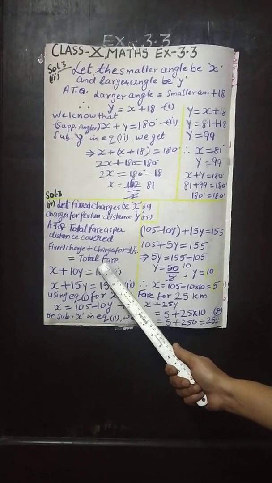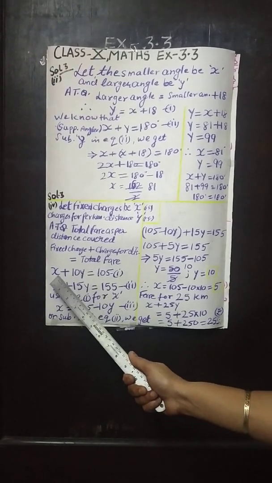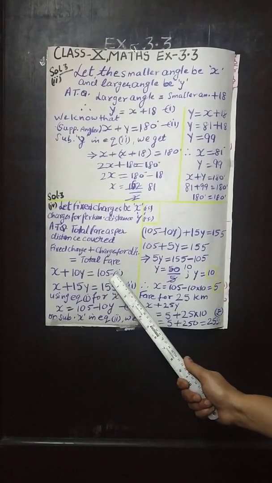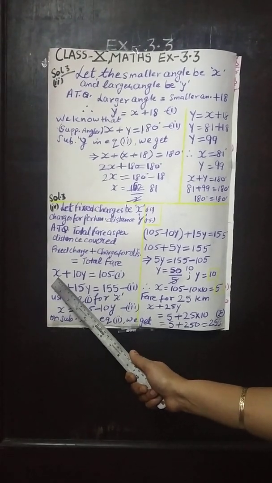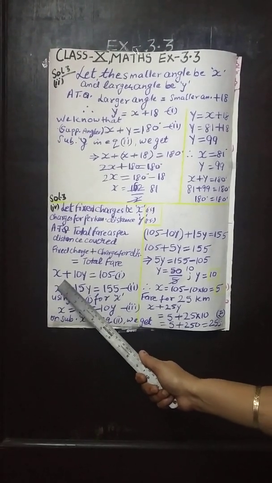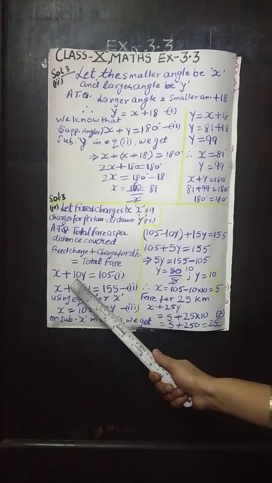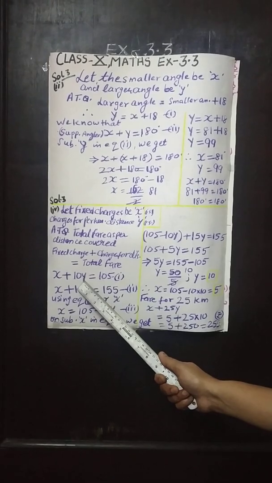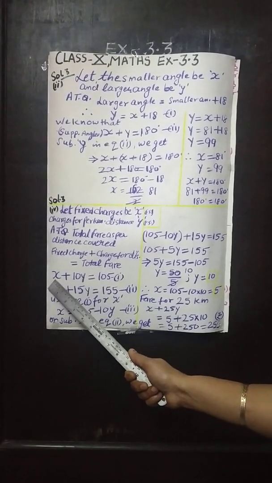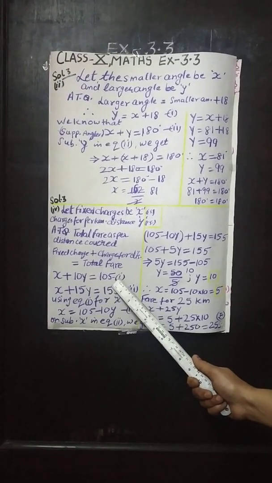So in the first part of the question, it is given that for the distance of 10 km, the fare paid is rupees 105. So we can create the equation: x as the fixed charge plus the charges for 10 km will be 10 into y, because y rupees per kilometer is the charge we have assumed. So the first equation is x plus 10y is equal to 105.